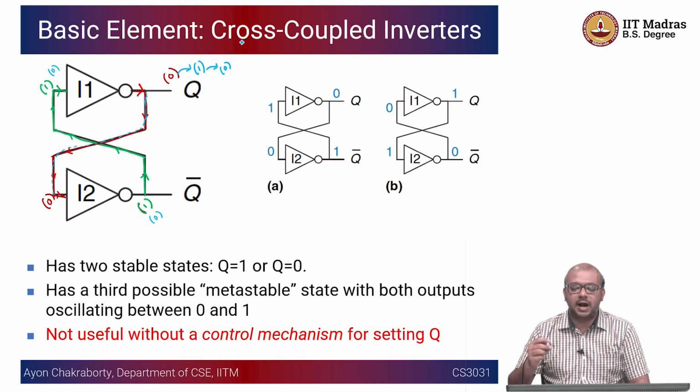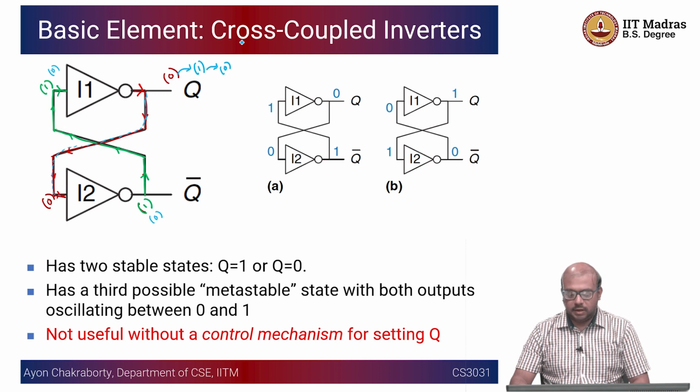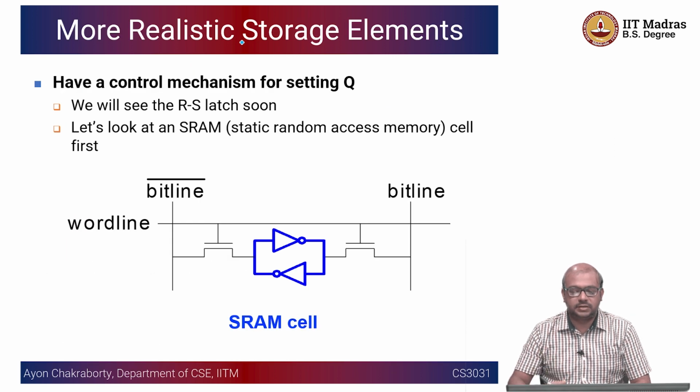This will start acting as a very simplistic storage element. So this is about the storage. Now let us see how information is stored. So we have to have a control mechanism for setting the value of Q.